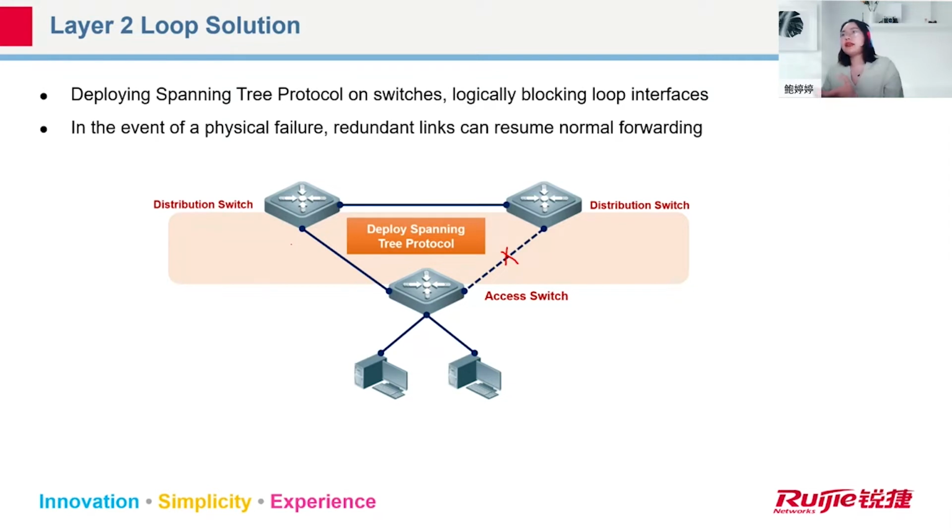But if you delete the link, the other problem is that if the main link is broken, the second link cannot be used. So we need a solution where, in the normal scenario, one link will not forward traffic, so there will be no loop in our network. But if we detect that the normal link is broken, we can immediately use the backup link to forward the traffic.